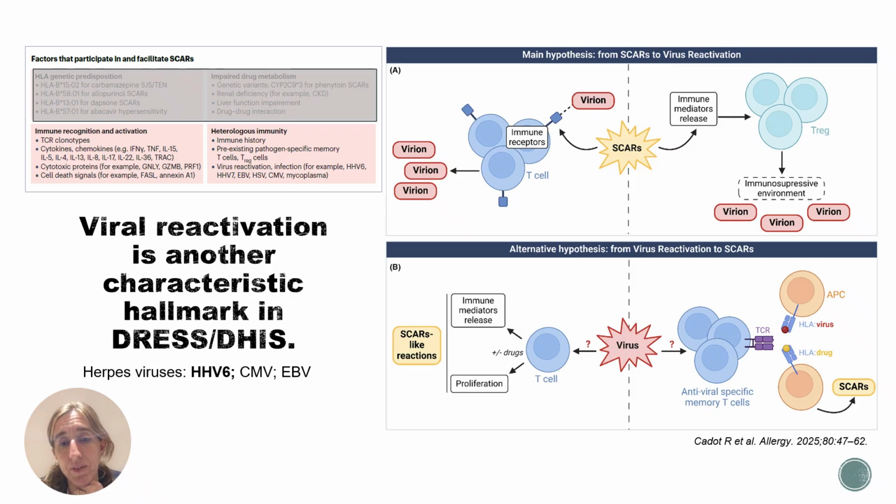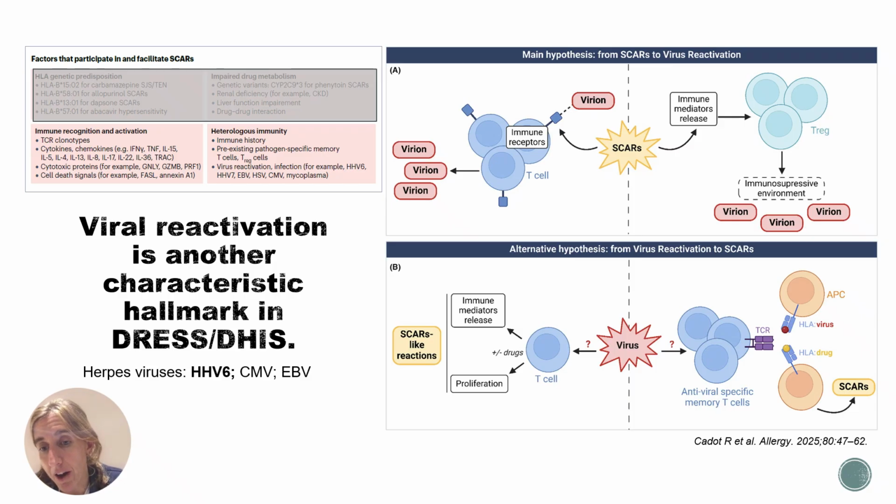But there is also the alternative hypothesis that it goes from virus reactivation to SCARs, because a lot of these SCARs appear in the context of a viral infection already, and it's a reaction to the drug. So virus infection, with or without an associated drug prescription, might promote the SCARs, by influencing either the production or proliferation of immune cells and mediators, or by a cross reaction of antiviral specific memory T cells to HLA.